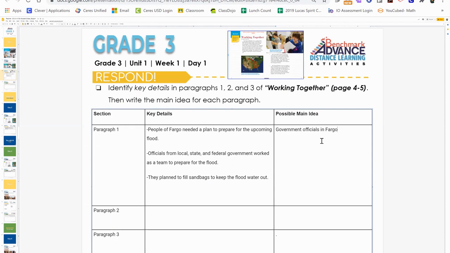Government officials in Fargo worked together to do what? What were they working together for? Well, they were working together to prepare for the flood. Government officials in Fargo worked together to prepare for the flood. That is what paragraph 1 was mostly about.